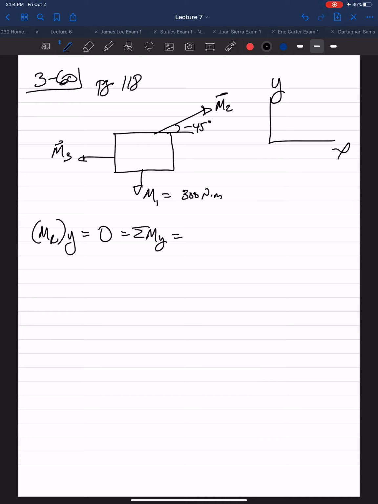M2 is vertical, so the vertical component would be the sine of 45. So that's M2 sine of 45 degrees minus M1, which is 300, equals 0, right? Because the total resultant couple moment has to be 0, so the individual y and x components of the resultant couple moment have to be 0 as well. Solving for M2, you get approximately 424 Newton meters.